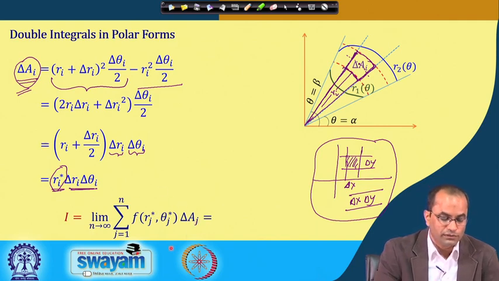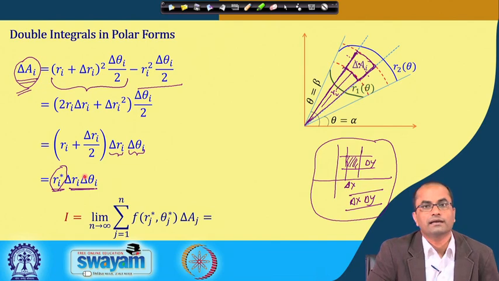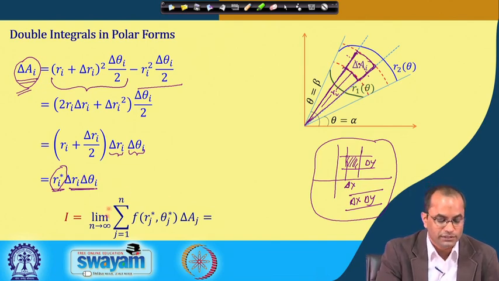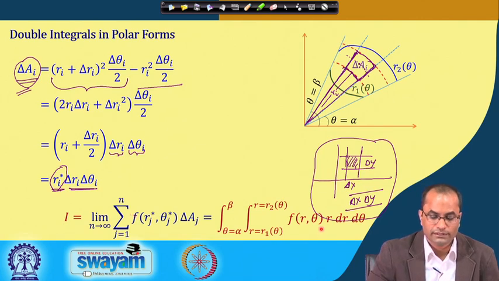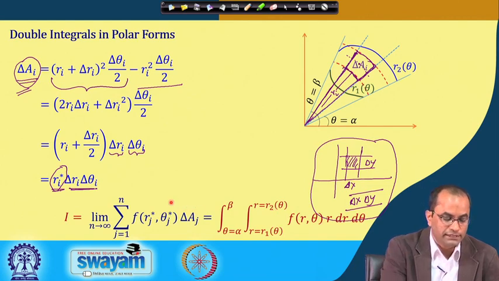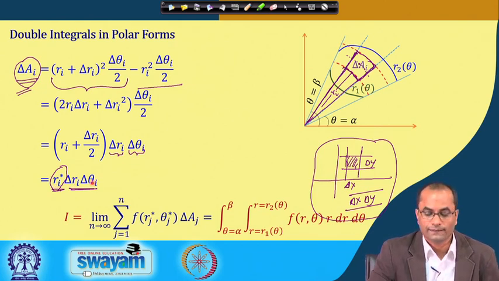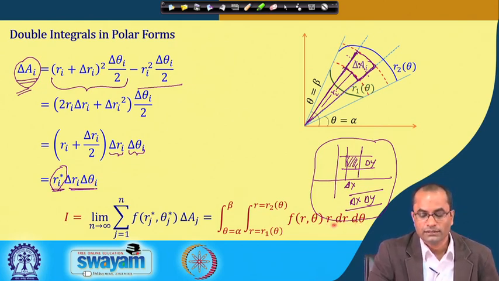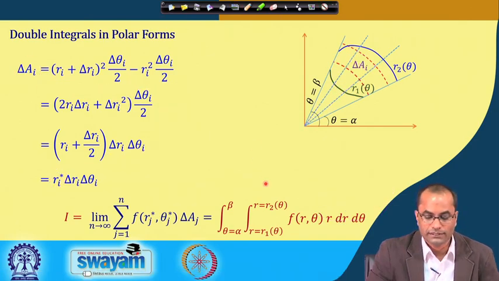But now this delta A_j is r_i times delta r_i delta theta. So, now this limit we will write in the integral form: f(r, theta), and because of this delta A_j, which has come as r and the product of delta r delta theta, this will be r times delta r delta theta.